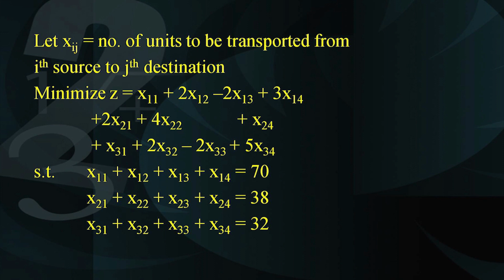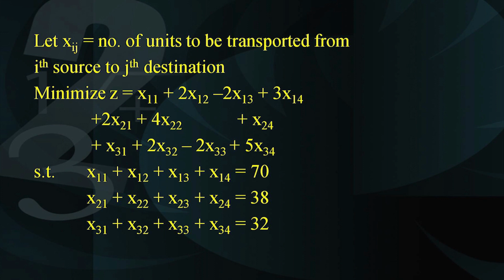So, Xij are the decision variables indicating the number of units to be transported from the ith source to the jth destination. And obviously, all these Xij's should be greater than or equal to 0, and they should also be integers because they are numbers of units. You cannot transport, let us say, 2.3 units; you can either transport 2 or 3. So, the Xij's should be greater than or equal to 0 and they should be integers.